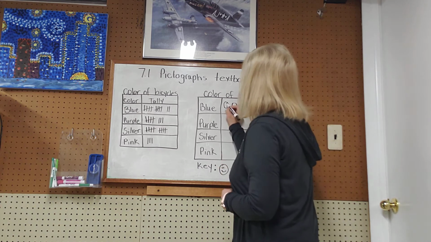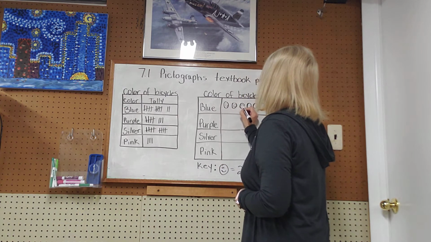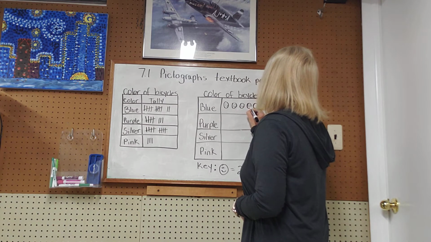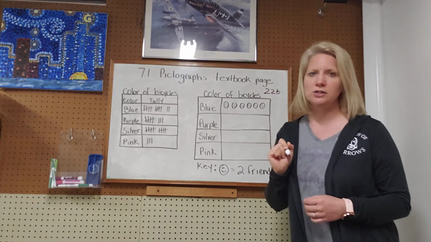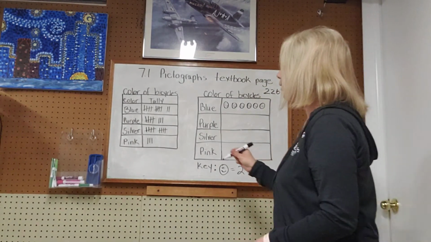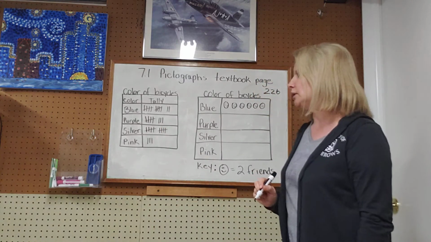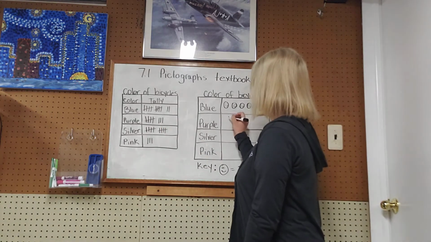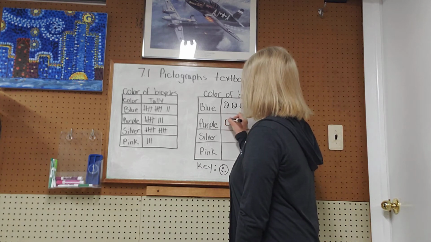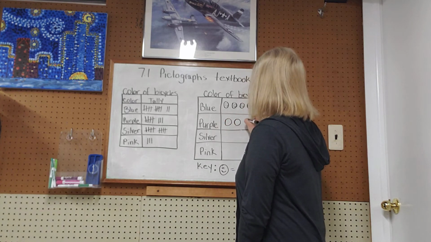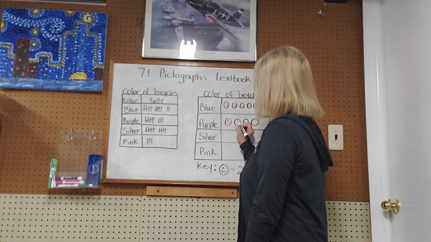So you need that many smiley faces, and now I'll go back and write in the little smile. Okay, that's all you have to do for that. Now let's look at purple. 5, 6, 7, 8 people liked the purple. Remember, each one is worth 2, so let's count 2, 4, 6, 8. And I'll go back and make the smile.